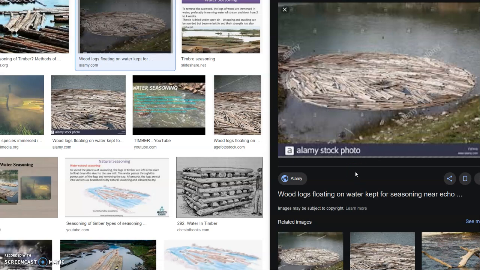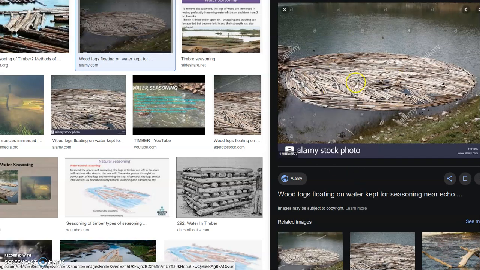So in stagnant water, the wooden timber boxes are expected to float in the same place. The criterion is, if you are preferring stagnant water, you have to change the stagnant water once in 2 weeks or a week. So that is important. So what is happening while such water seasoning happens?